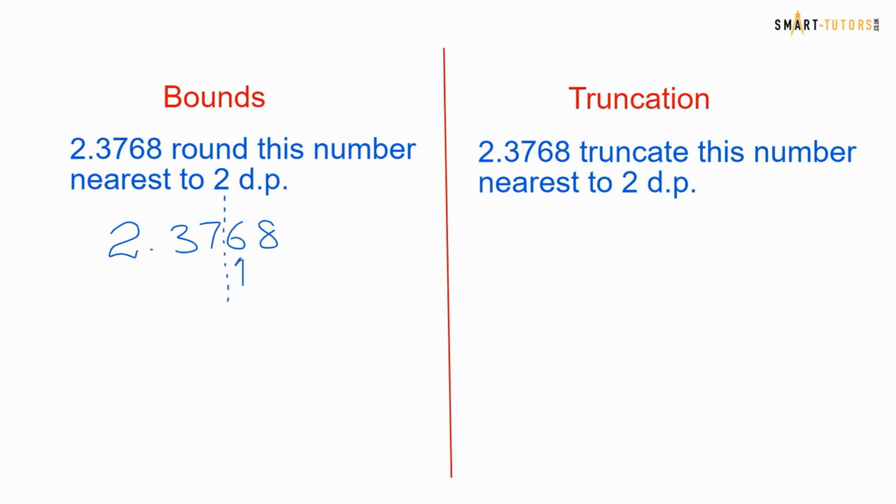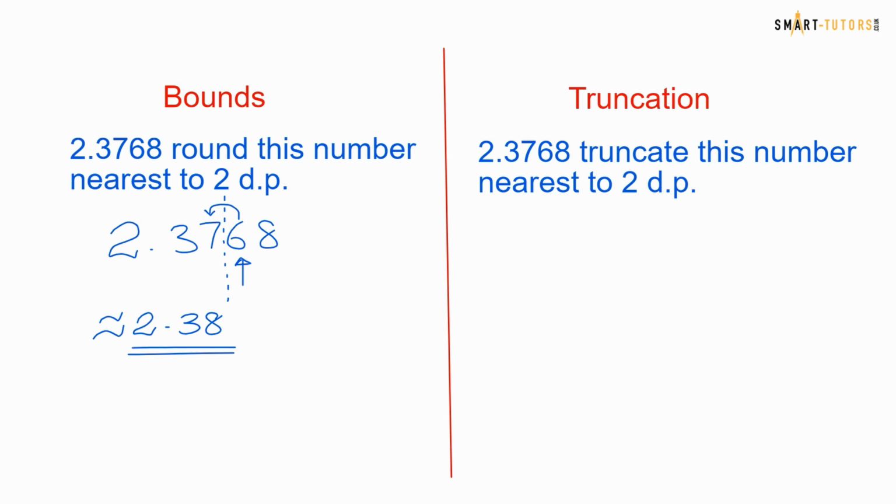The third decimal number, which is 6, is more than 5. So you give 1 to the previous number and they disappear. So the answer for this question is 2.38. The reason is the third decimal is more than 5. The roundup rule says equal to 5 or more than 5, you need to give 1 to the previous number and the 6 and 8 disappear. So the answer is 2.38.